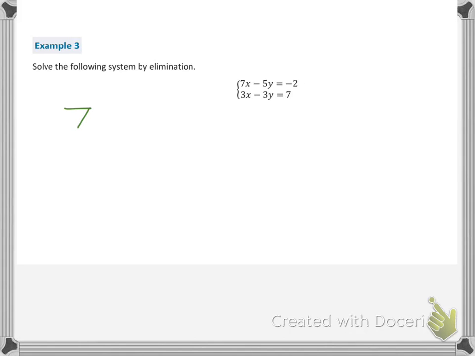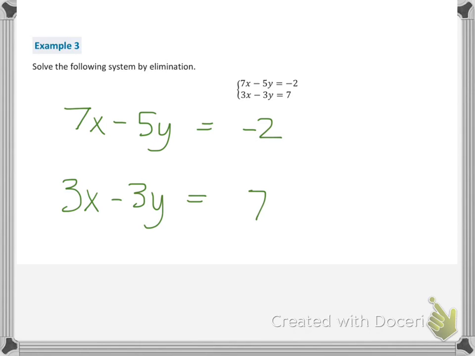Okay, so to eliminate the y variable, let's look at this. I get 7x minus 5y is equal to negative 2. And I've got 3x minus 3y is equal to 7. So I want to get the coefficients of the y terms to be opposites of one another.